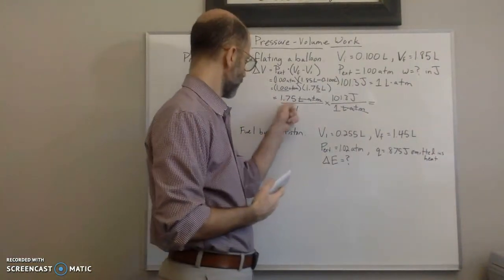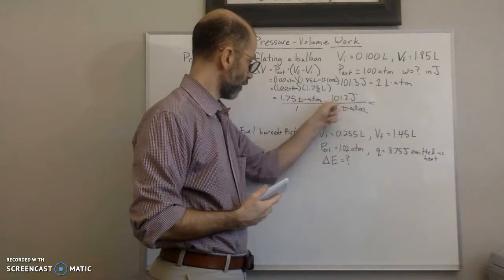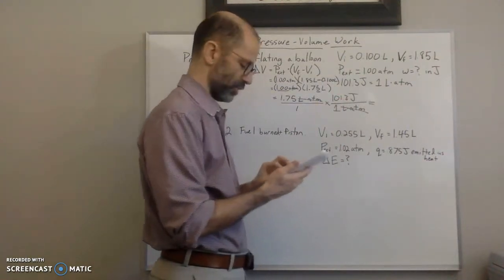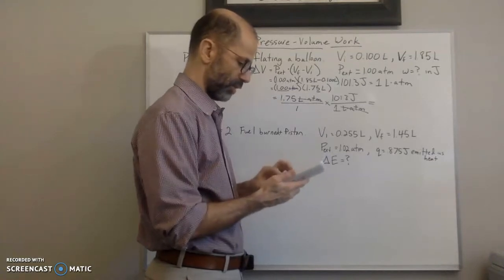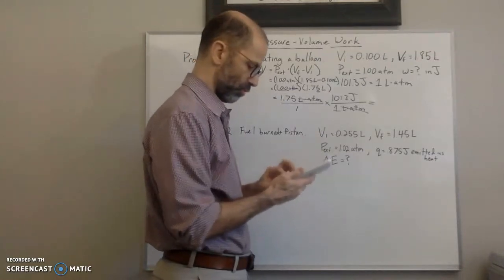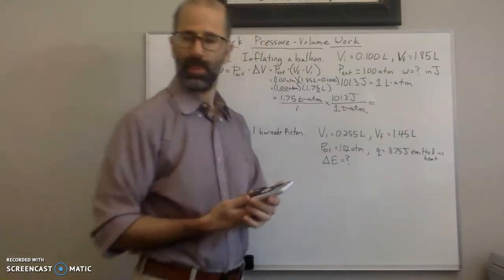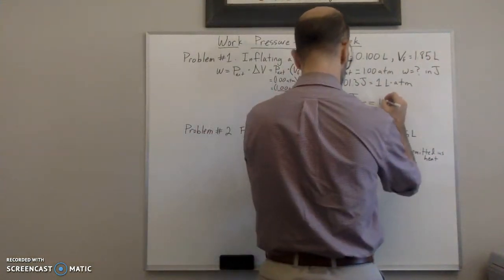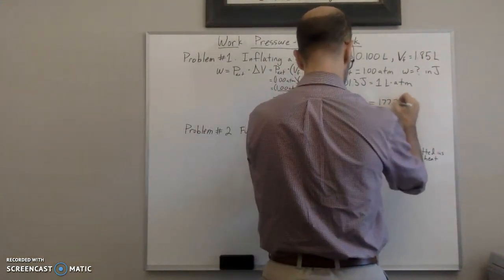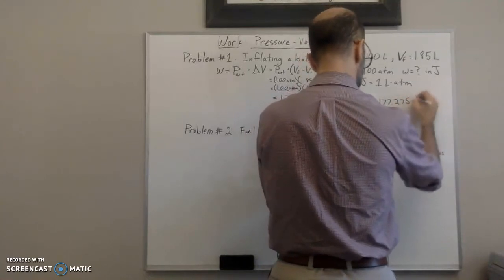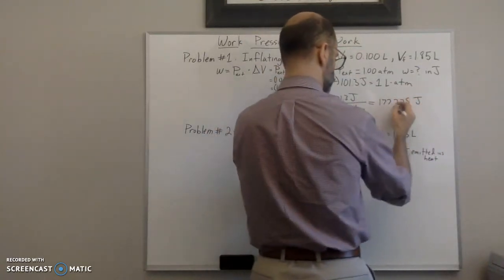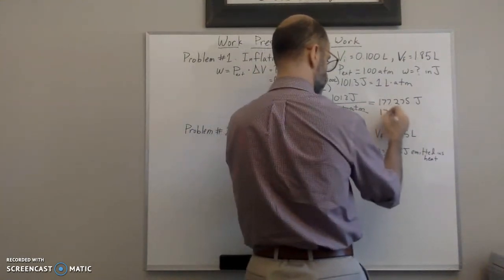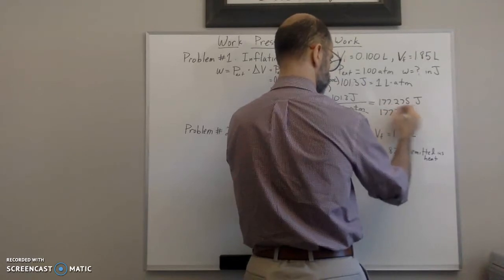Now I can multiply that on my calculator. Again, I have 3 sig figs here and 4 here, so the least number is 3, so my final answer should be in 3 sig figs. 1.75 times 101.3 equals 177.275 joules. Again, I'm keeping 3 sig figs, so I keep 177 joules.